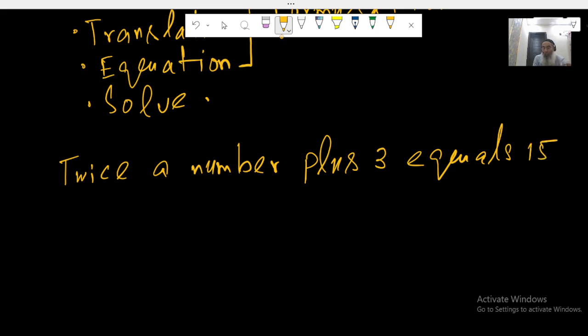Okay, so twice a number is 2x. It's translation first. Twice means 2 times, so 2 times number, again it's x, it's unknown. So twice a number means 2 times x, plus. Plus is addition. Okay, plus 3 is equal to 15. Twice a number plus 3 equals 15.